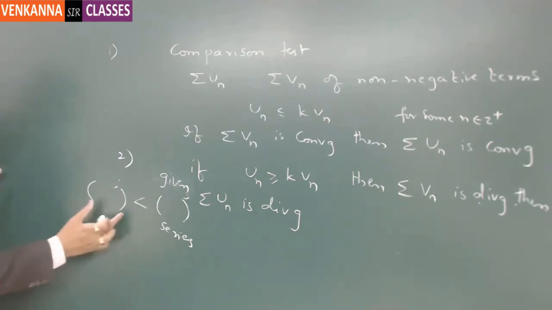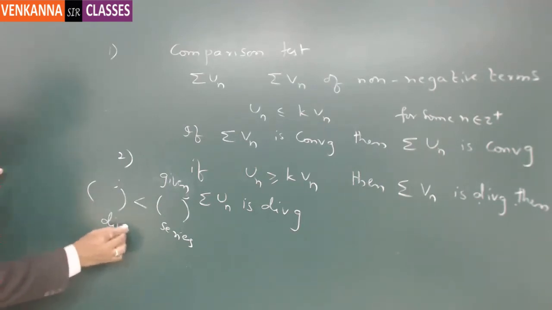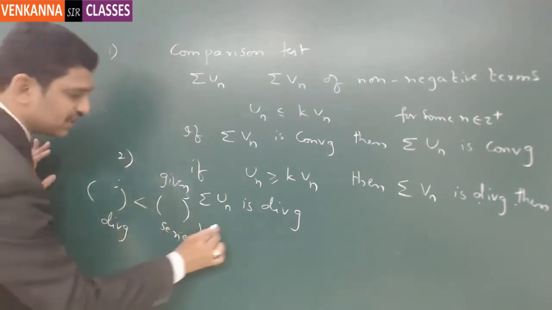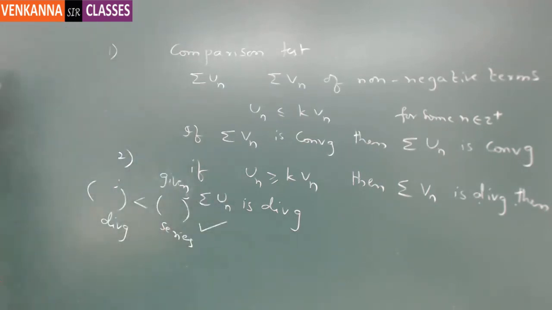If the small series is divergent, it is also divergent. In a simple nutshell, for convergence, we need a bigger series. For divergence, we need a smaller series. That is one line idea. Okay? Is the part clear for everyone? Right. I will read the other test.